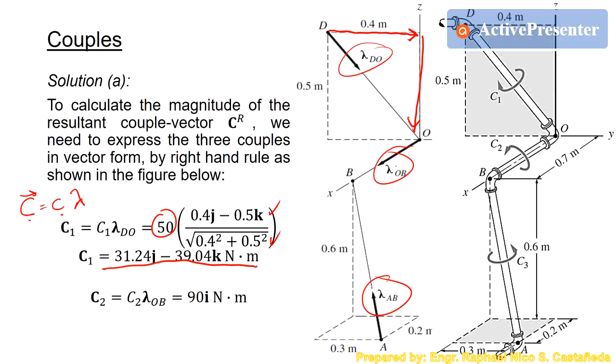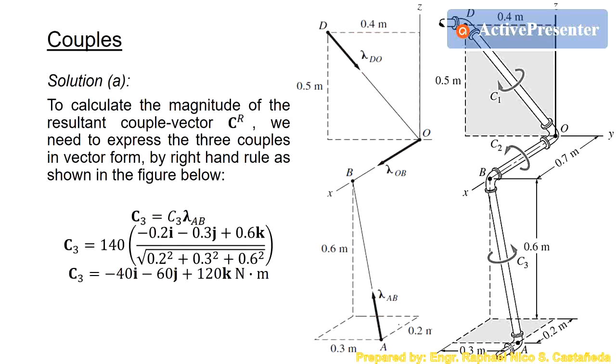Then for C2, obviously it is directed on the positive x-axis. C2 has no y and z component, so it is 90i Newton meters. Then we have C3. C3 is negative 0.2, negative 0.3, and positive 0.6, the ijk form of the unit vector if you use the position vector.